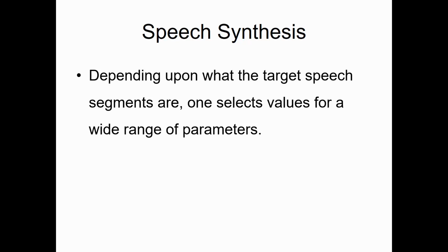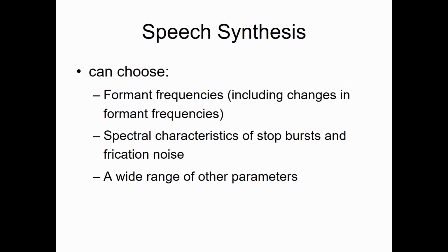Very interesting. But speech synthesis got better and better over the years, and essentially the way speech synthesis works is the following. Depending on what the target speech segments are, you select values for a wide range of parameters. For example, you can choose what the formant frequencies are, and you can make changes in formant frequency over time.